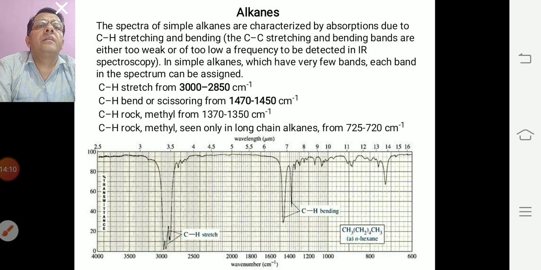these are the CH rock, and that is recorded in the fingerprint region, that is 1370 to 1350. These are basically CH bending vibrations, and CH rock of methyl is seen only in long chain alkanes from 725 to 720, and these CH bending and CH stretching are clearly shown in the figure.